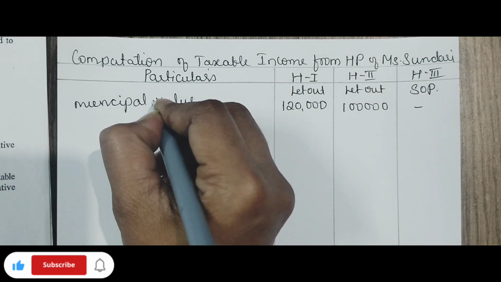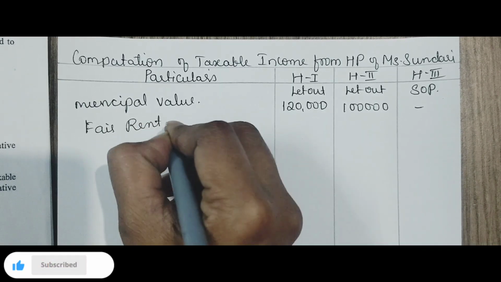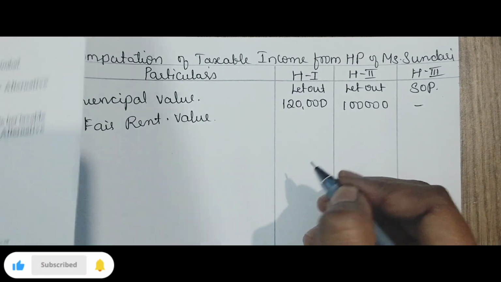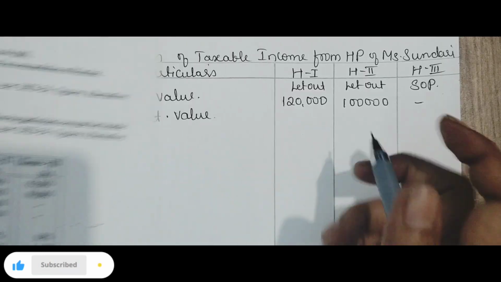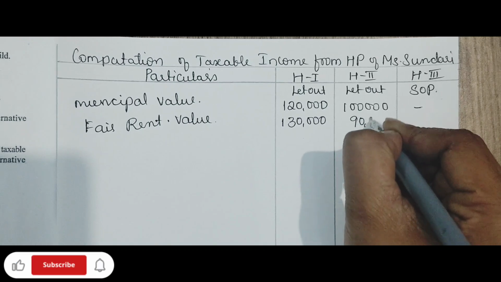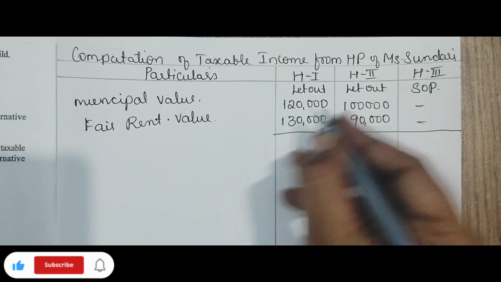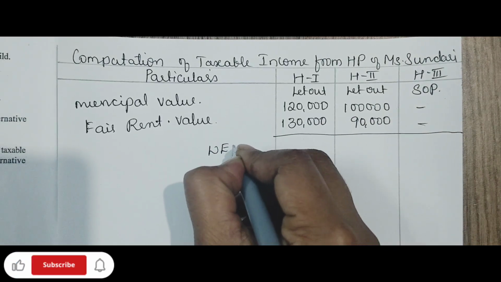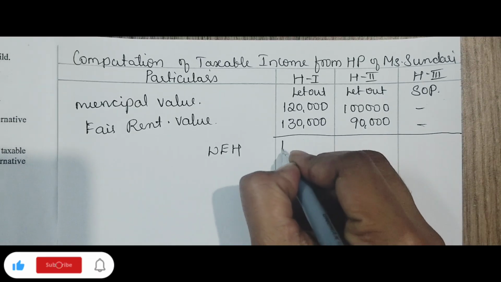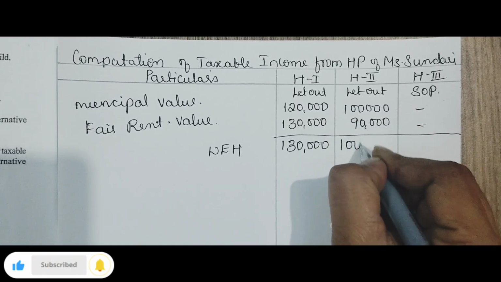With this, you compare the fair rental value, which is 1,30,000 and 90,000. By comparing these two values, you take whichever is higher. This will be called the notional rent. 1,30,000 is the greater, and here 1 lakh is the greater.